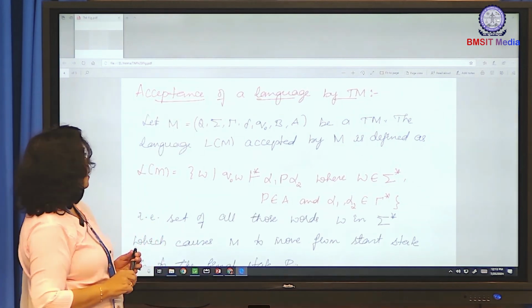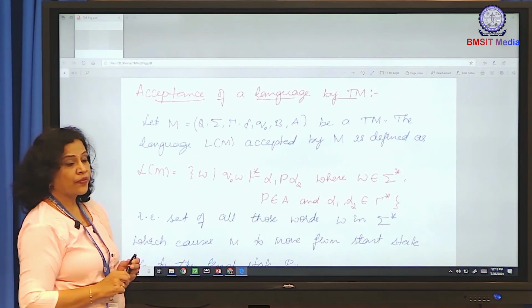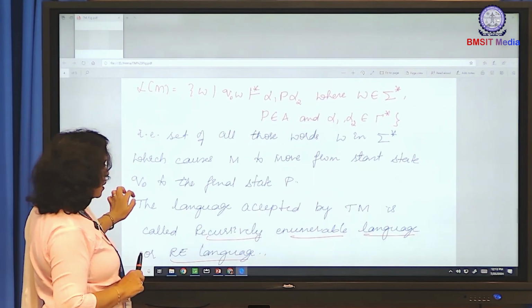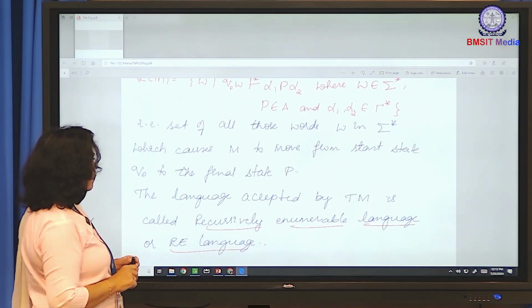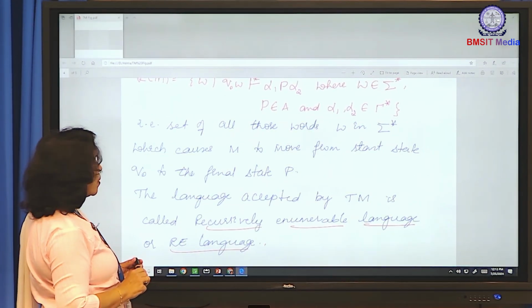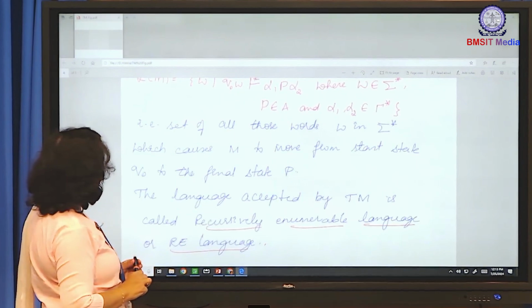This is how we write the acceptance of a language by TM. That is, set of all those words W in sigma star which causes M to move from start state Q naught to the final state P.